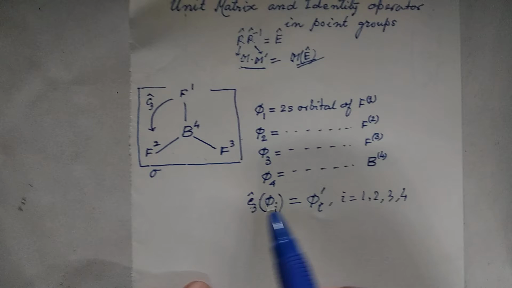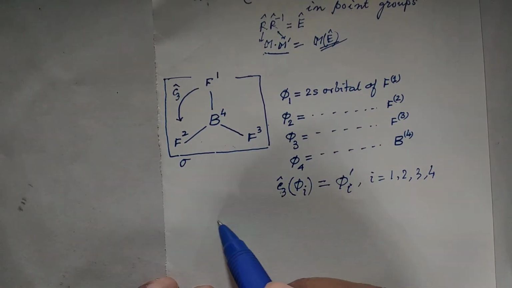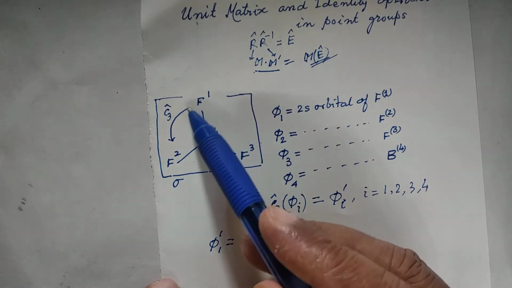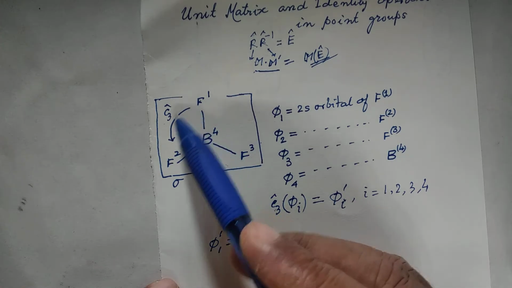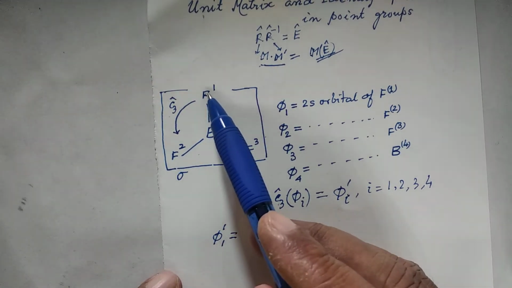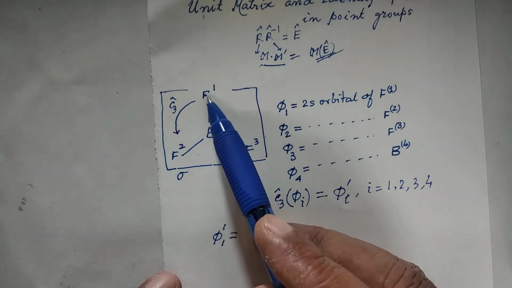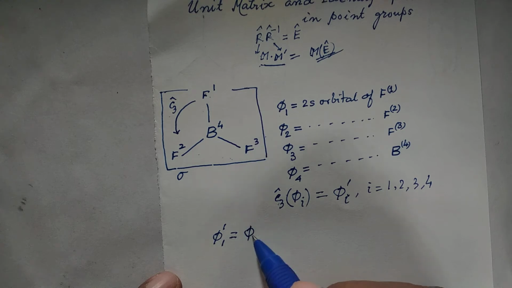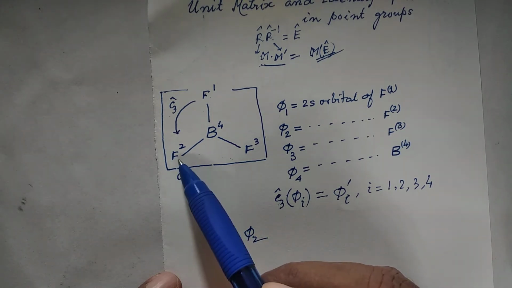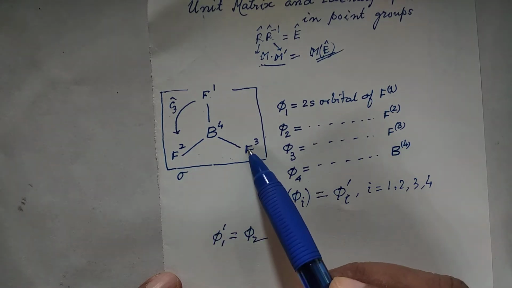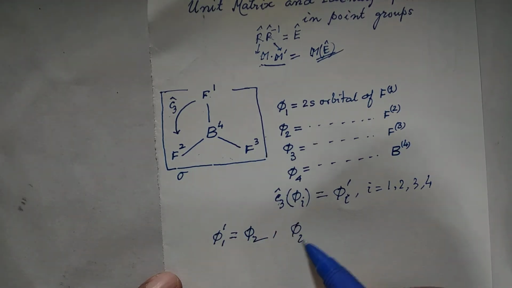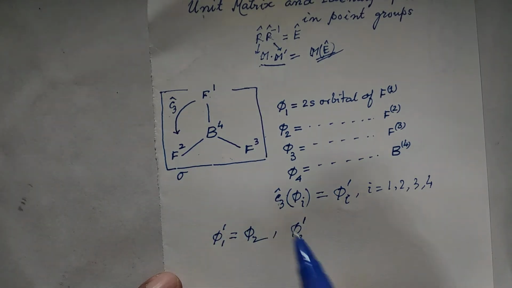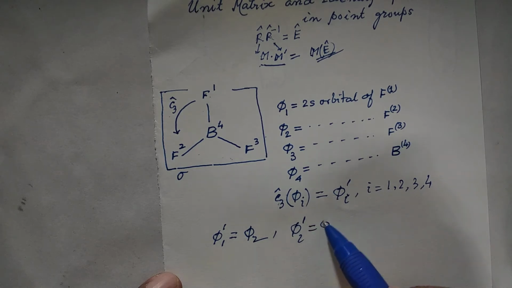So this diagram now indicates what phi1 primed is. This atom comes here by this anti-clockwise rotation, and the 2s orbital is spherically symmetrical. Therefore, phi1 primed is actually phi2. The 2s orbital of this atom goes to this position, so the new form of phi2, phi2 primed, is actually phi3.